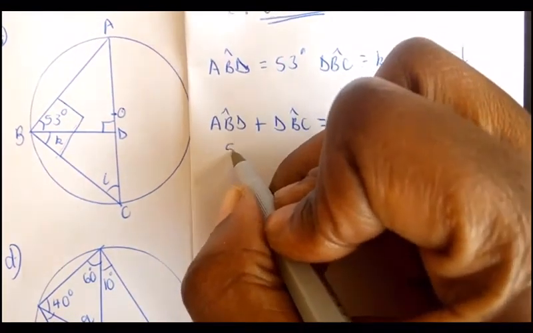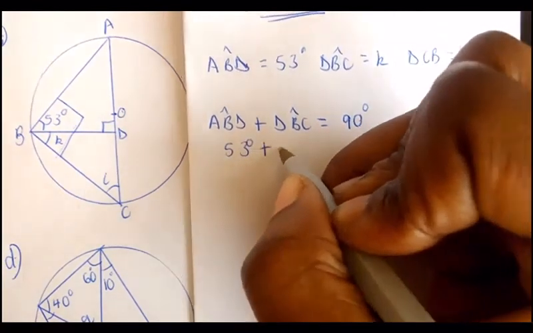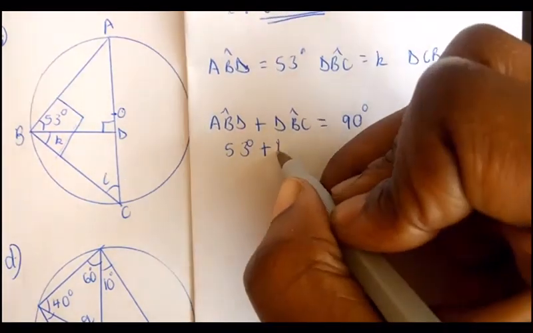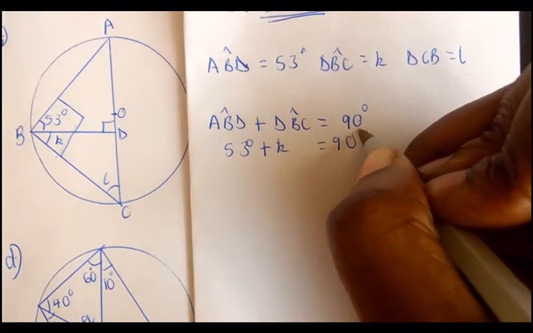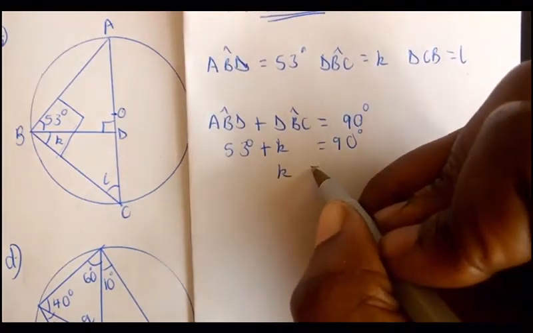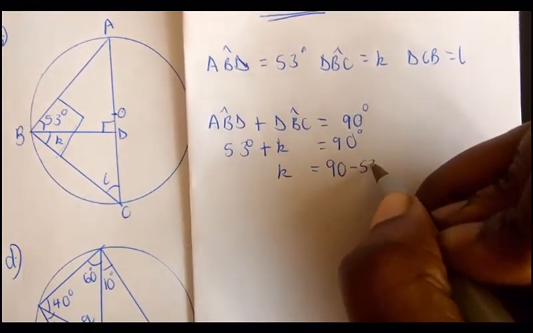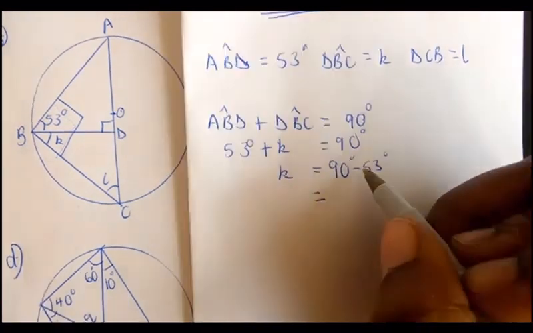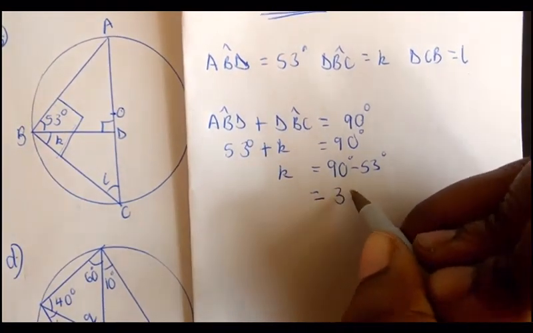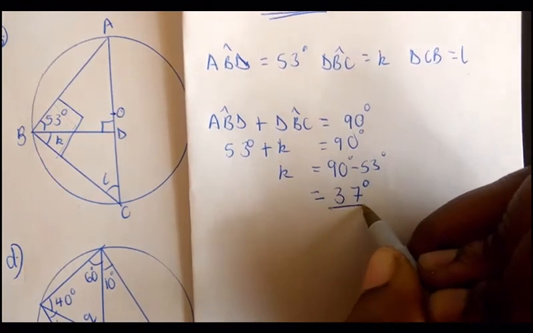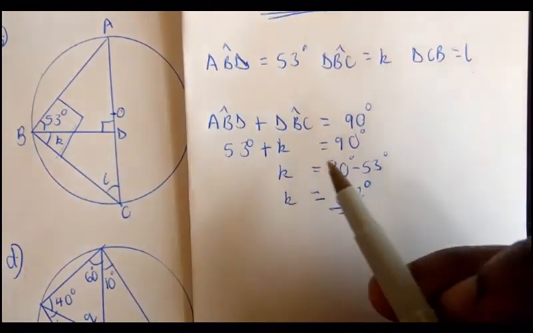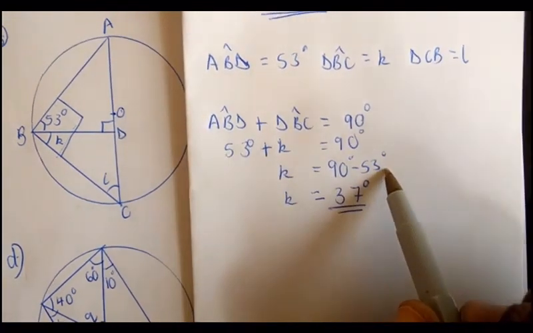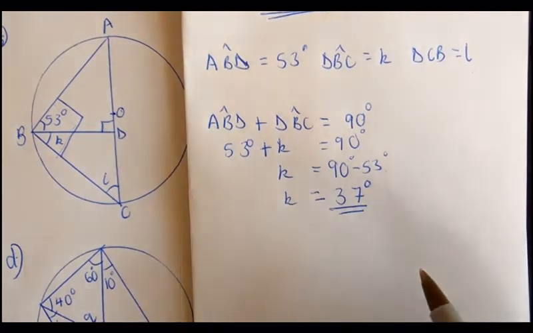And we have angle ABD, which is 53 degrees, plus angle DBC, which is K, is equal to 90 degrees. Therefore, K is equal to 90 minus 53 degrees, which is equal to 37 degrees. K is 37 degrees. We just moved 53 to this side and changed the sign.